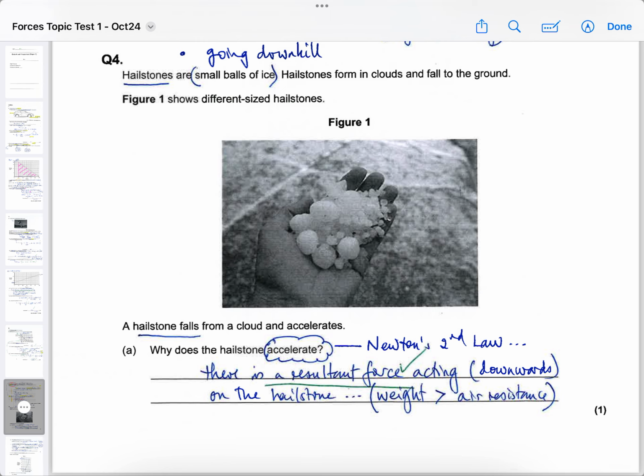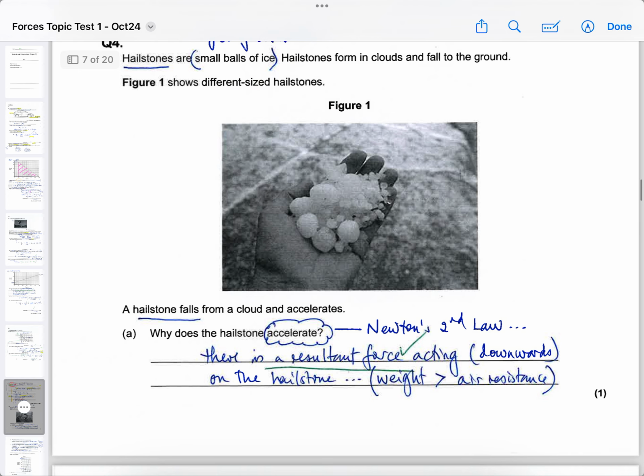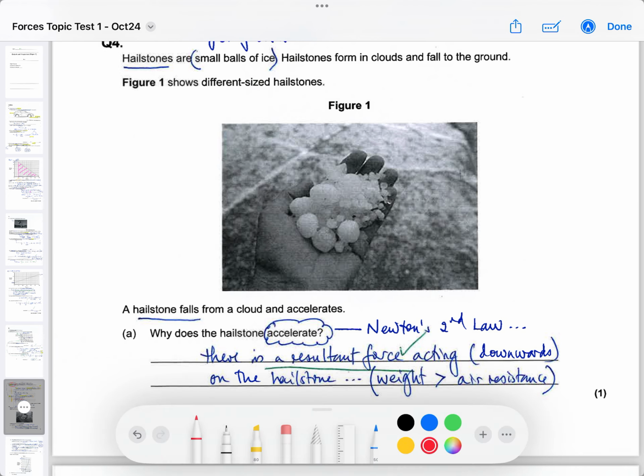If something is accelerating, it means there must be an unbalanced force acting on it. Another word for unbalanced force is resultant force. So the resultant force must be downwards for it to accelerate. That's because the weight acting downwards is greater than the air resistance, unless it reaches terminal velocity. But it doesn't.